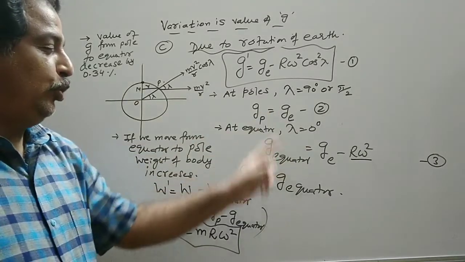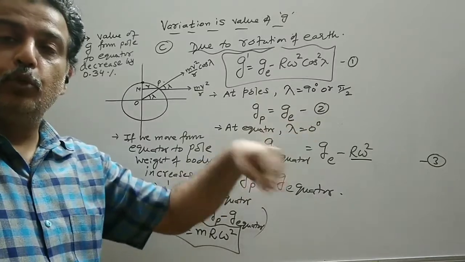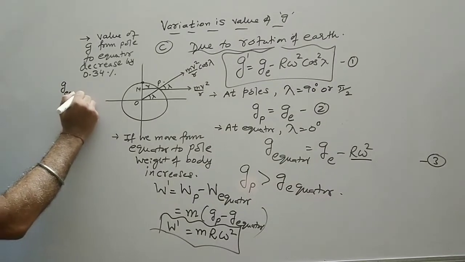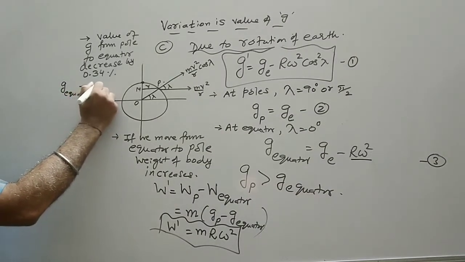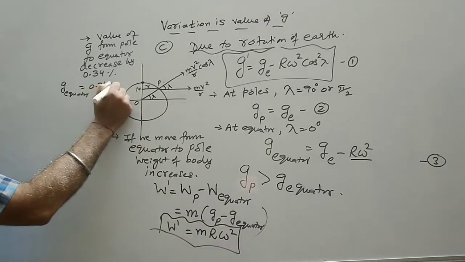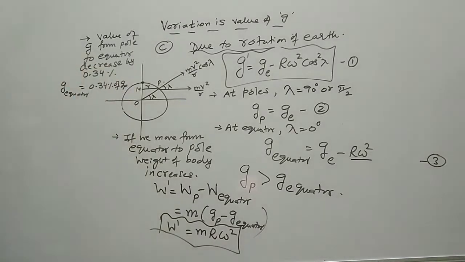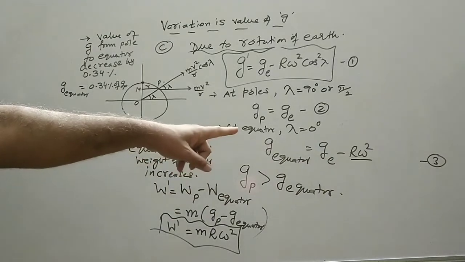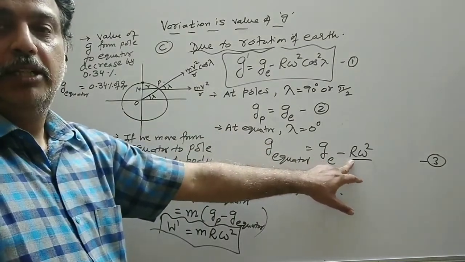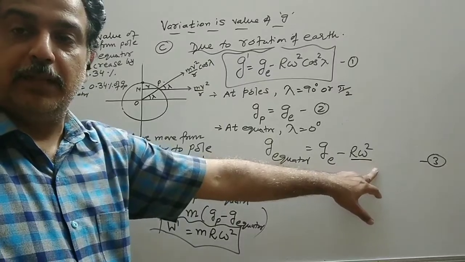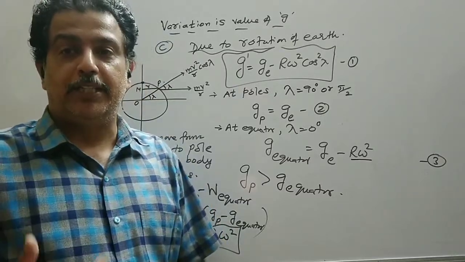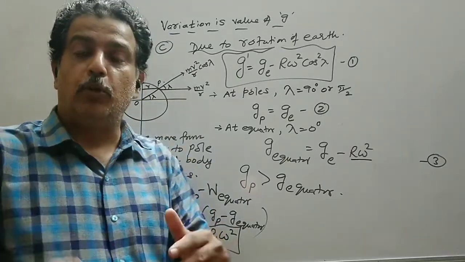So if I take the value of g at the pole to be 9.8, then the value of g at the equator is 0.34% less than g_p. It means R omega square, if you substitute this value of R omega square, we know the radius of the earth, we can find out the angular velocity of the earth by the formula omega is equal to 2 pi upon capital T, where T is the periodic time, that is the rotation period, 24 hours converted into seconds.